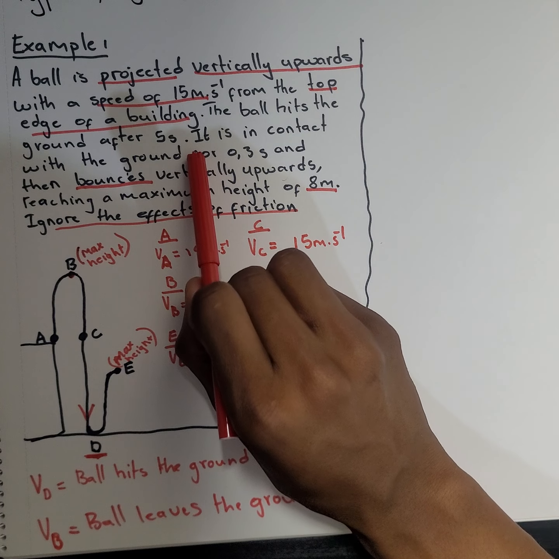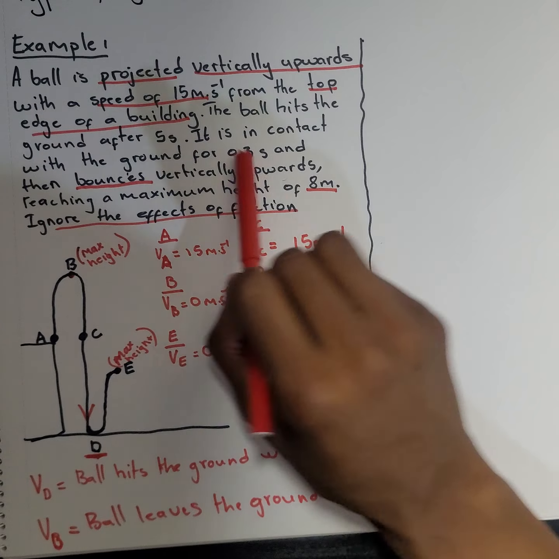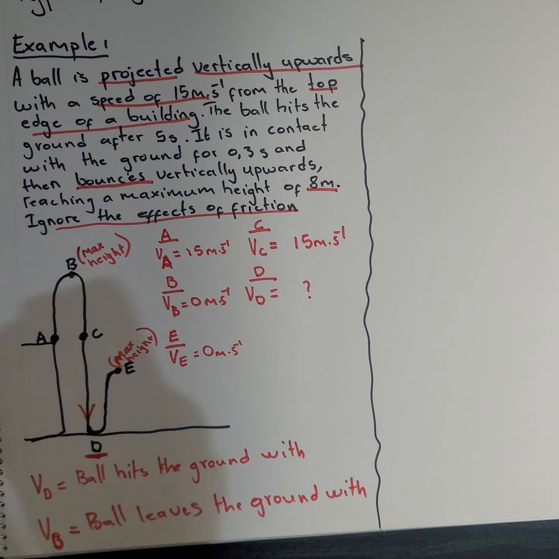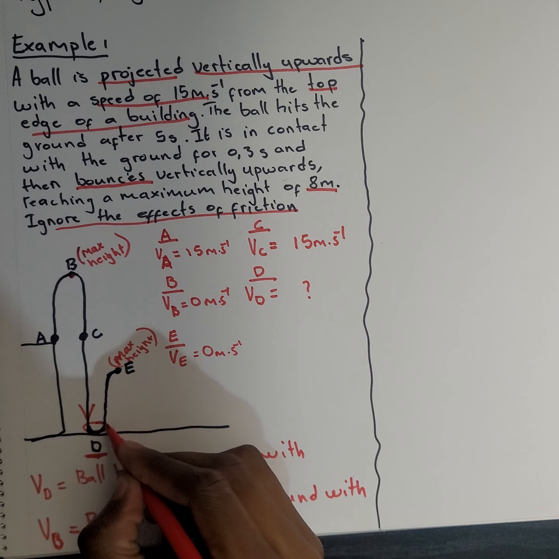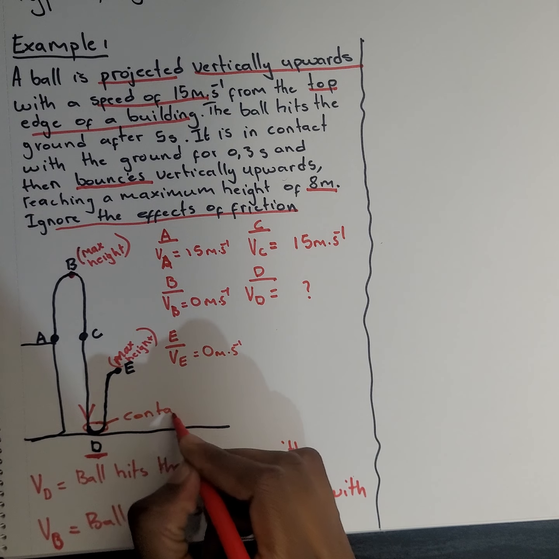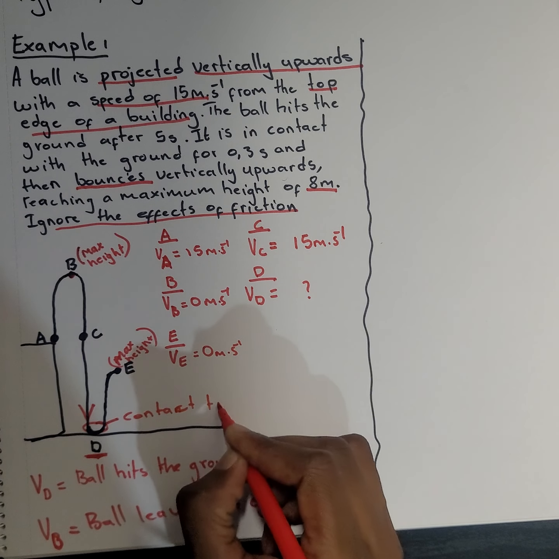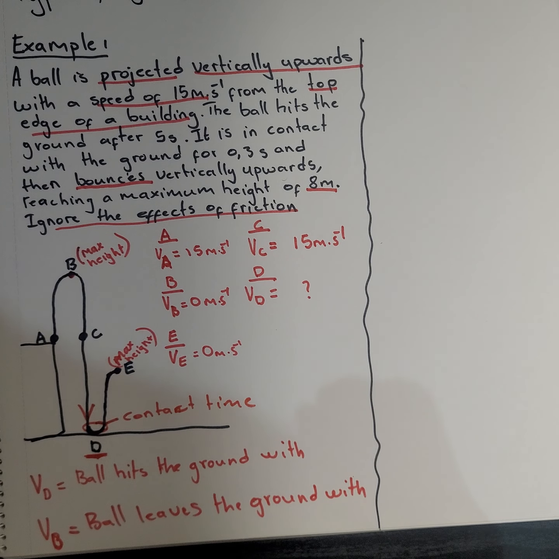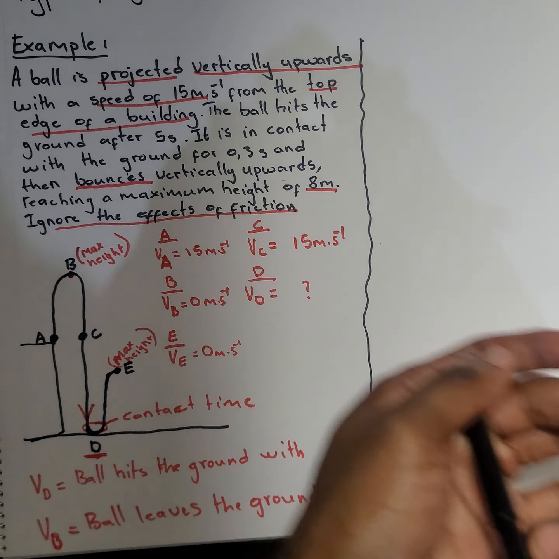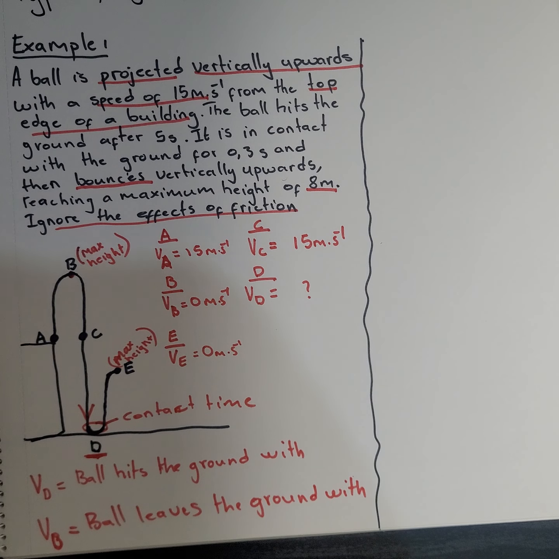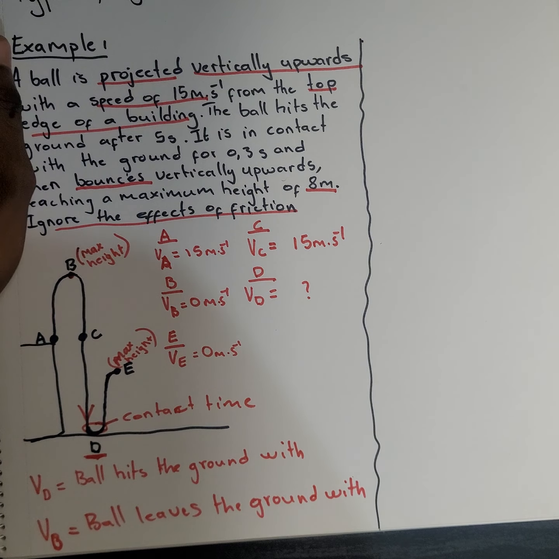They said it is in contact with the ground for 0.3 seconds. So as you can see here, this is what we call the contact time, and the contact time there is 0.3. We talked about the contact time when we were doing the impulse and momentum theorem.